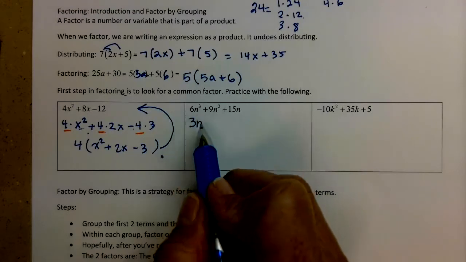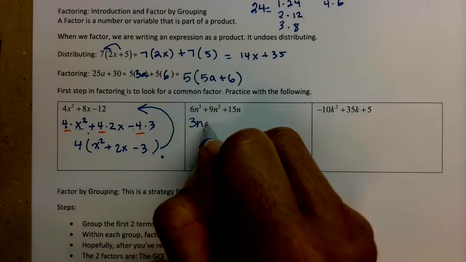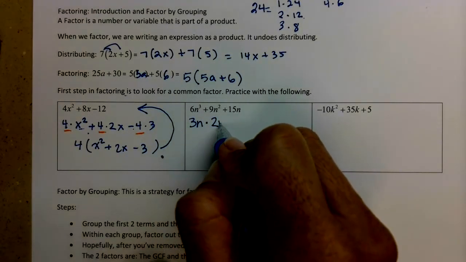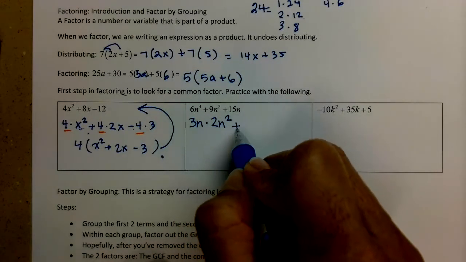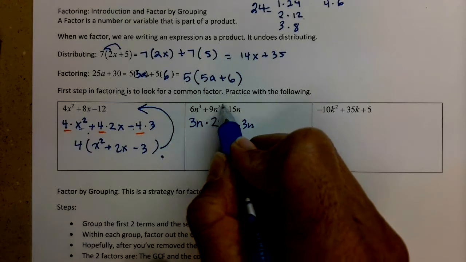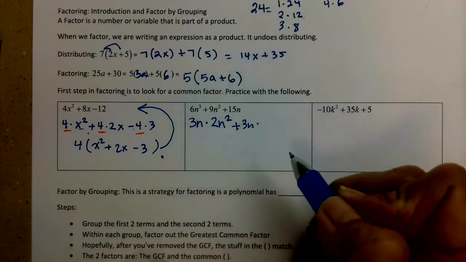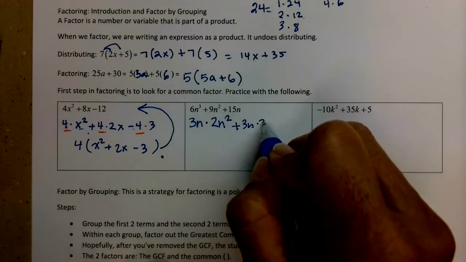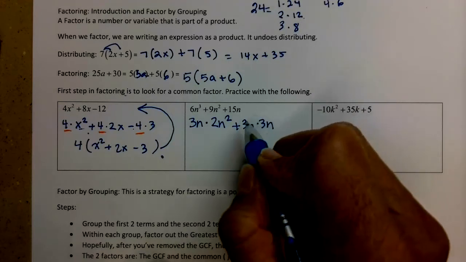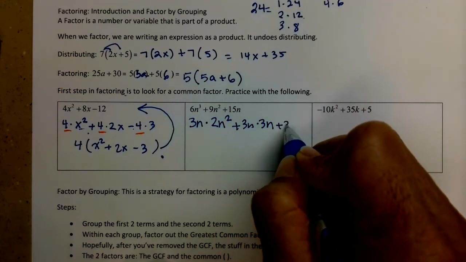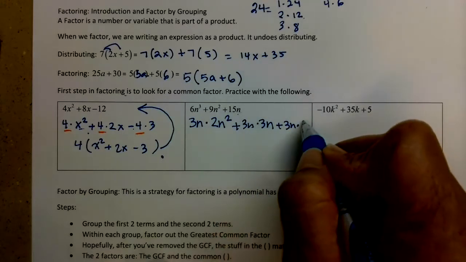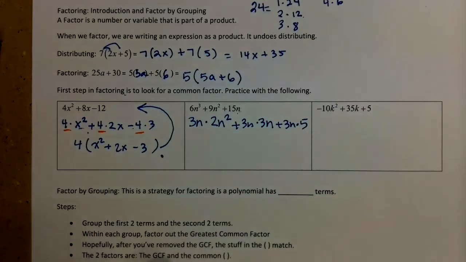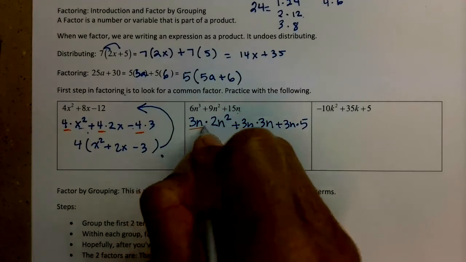So 6n cubed is 3n times 2n squared, plus 3n. Now I'm doing the 9n squared. 3n times what to get 9n squared? 3n, and then one more. 3n times what to get 15n? 5. Okay, great. So now they each have a 3n.